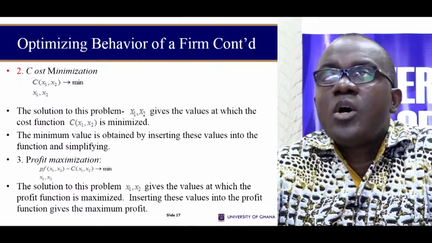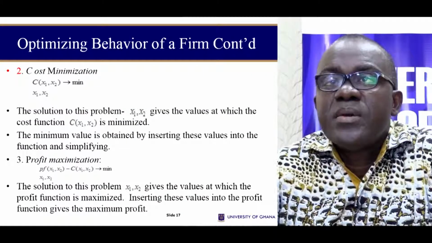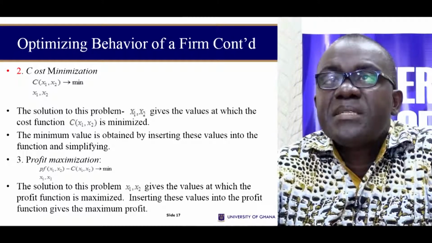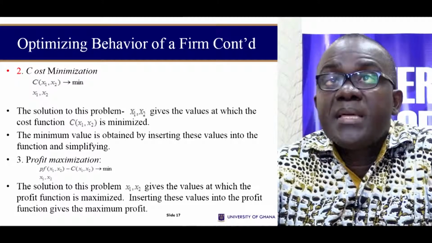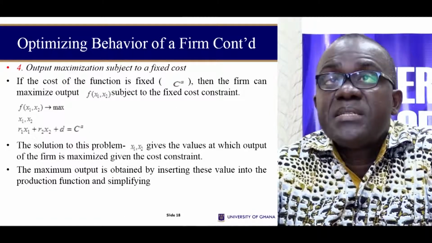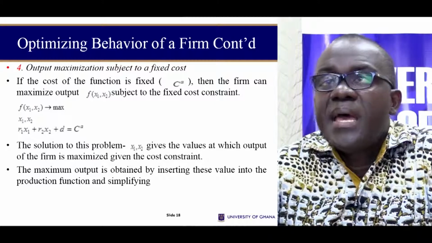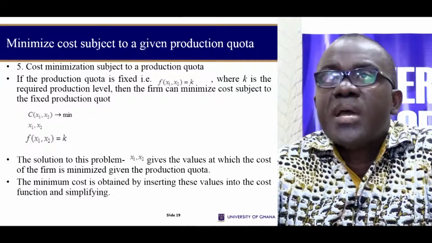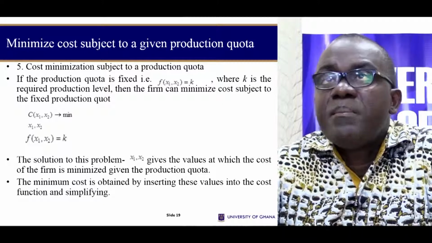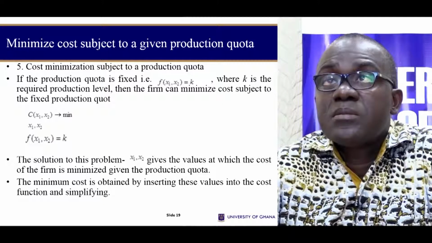We have cost minimization. We also have profit maximization, and these are all more or less unconstrained optimization. We have output maximization subject to a fixed cost, and so also do we have cost minimization based on a specific production quota.